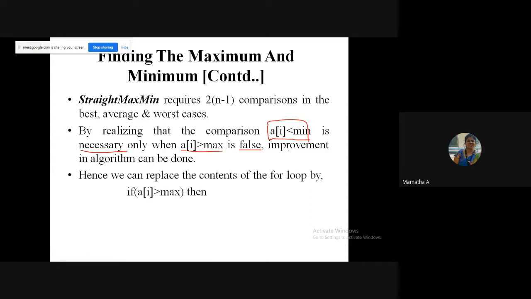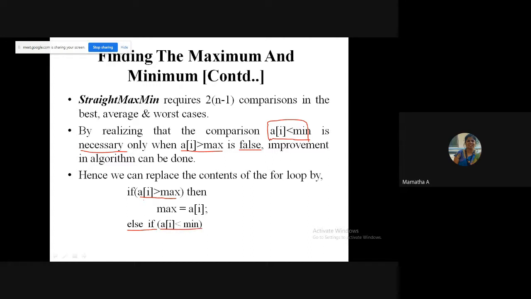If A of I is greater than max, then update max. If A of I is not greater than max, that is, this condition is false, only then I will compare A of I less than min. That is, I'll add an else if statement here. Otherwise, I don't compare. Not required.